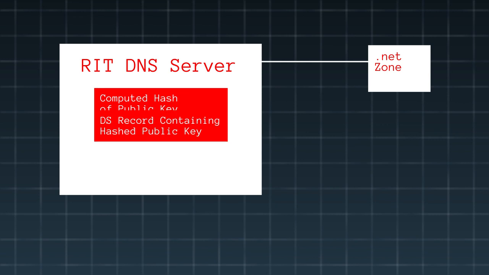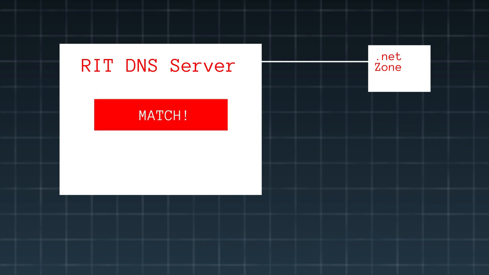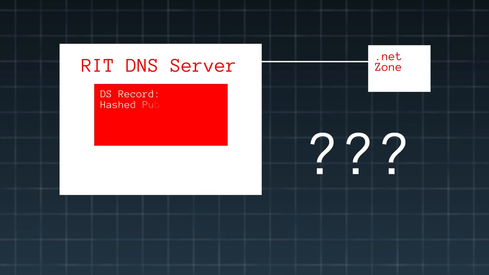If the hashes match, we know that aaron.net's public key is really aaron.net's public key, and that the records they sent are legitimate.